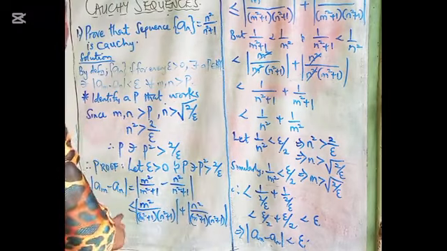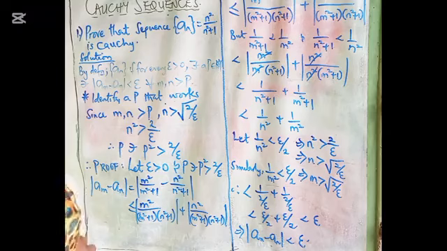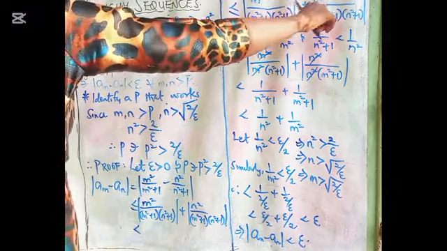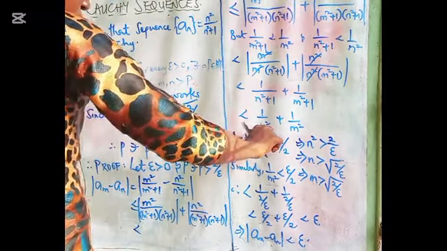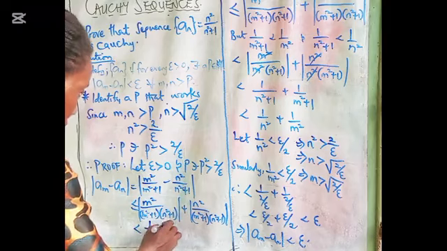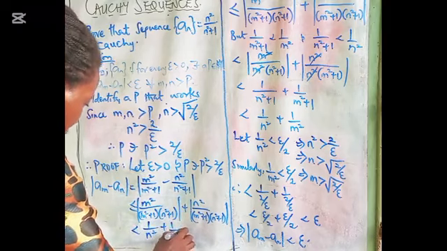And so we have that by triangle inequality. And then this, just as we have written here, is less than this plus this, which will be less than 1 over n squared plus 1 over m squared.